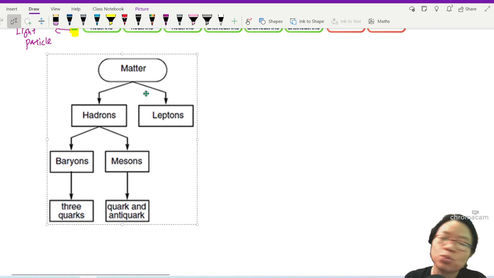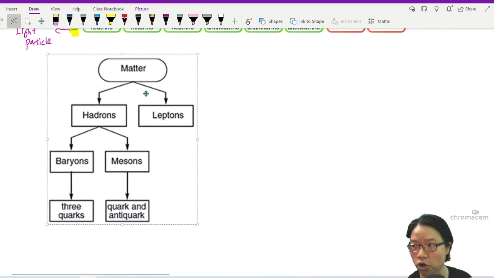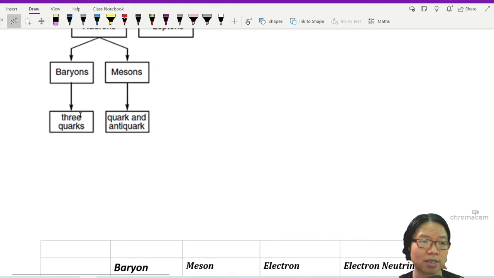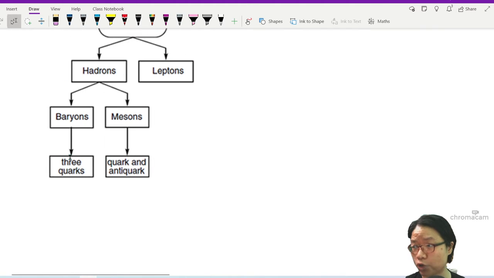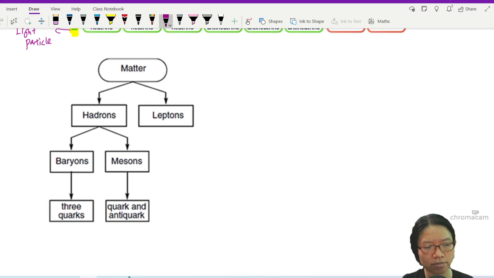And within the hadron classification, you can split it into baryons and mesons. What differentiates them is that a baryon will have 3 quarks and a meson will have 1 quark and 1 anti-quark. So immediately you should think to yourself, well, an example of a baryon would be our good old proton, right?